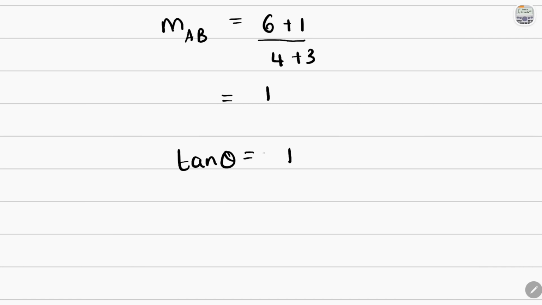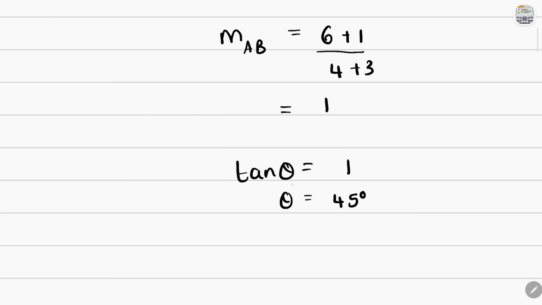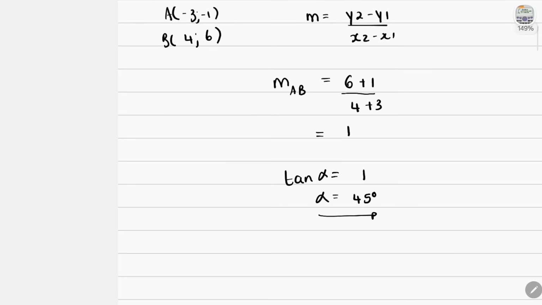Then if we transpose tan, we're going to get the inverse function of tan. So if you say shift tan of 1, you see that you will get 45 degrees. Okay, and they actually call this alpha, not theta, so I'll just go ahead and call it alpha. So the value of alpha is 45 degrees.